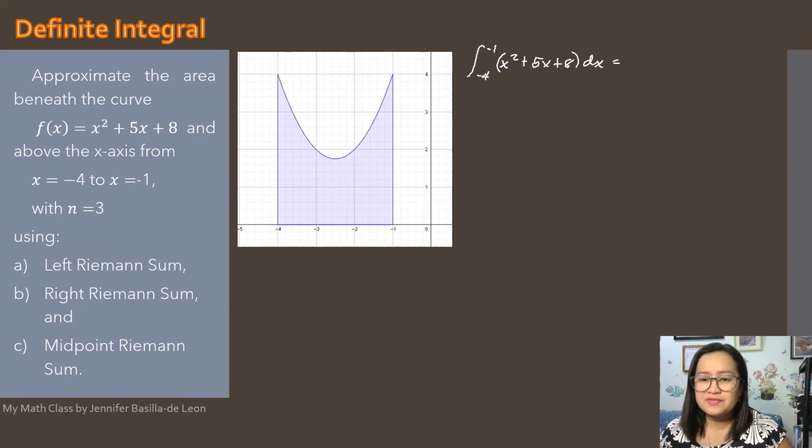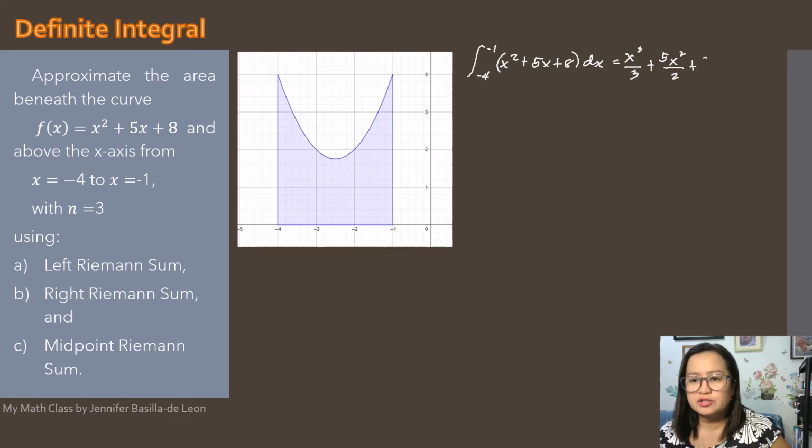And then we get the antiderivative of the function. So we will have x cubed over 3 plus 5x squared over 2 plus 8x, evaluated from negative 4 to negative 1.